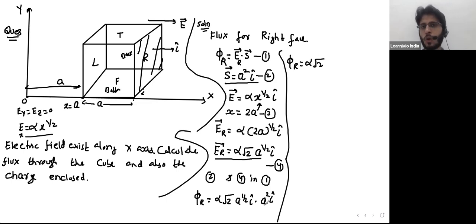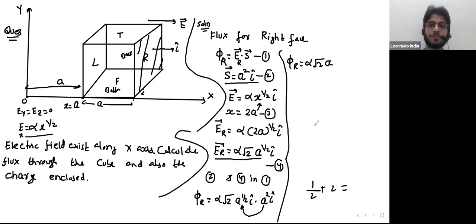See, this a square is not a vector, it's just a number. You can multiply it with this a to the power half. How much is a square and a to the power half, if I multiply them? What is the final power of a? When you multiply them, powers get added up.